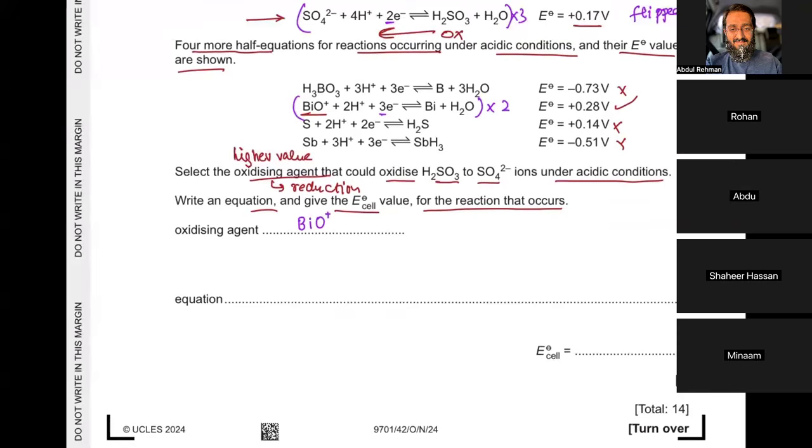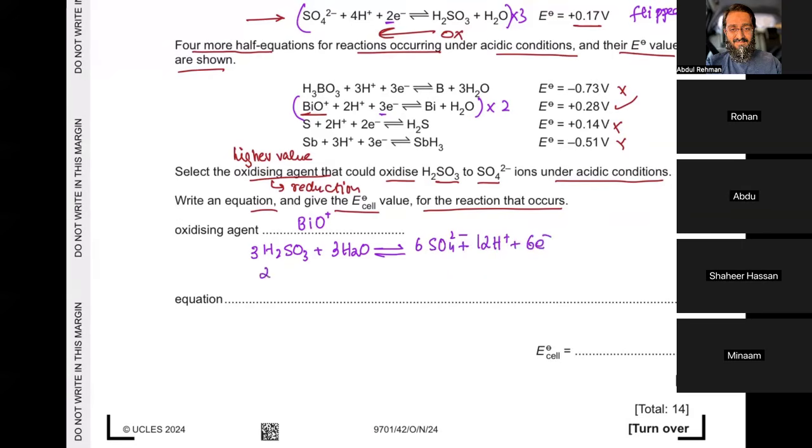So if I start with the first equation, I need to flip that equation as well. So 3 moles of H2SO3 with 3 moles of H2O gives 6 moles of sulfate, no, not 2, 12 moles of hydrogen ions, and 6 electrons.